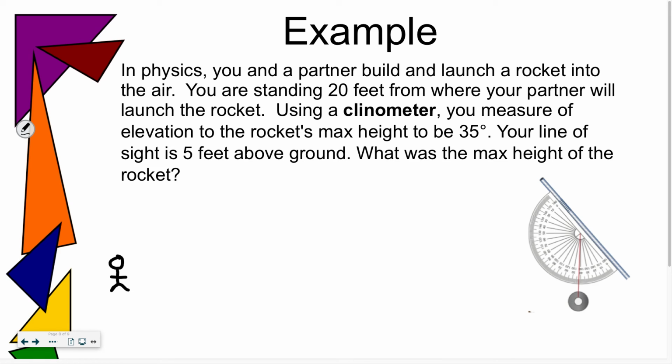I'm spying some people's great artistic work. They put themselves into the picture. This would be their normal line of sight, right? And then I see something like this. I'm estimating my angle of elevation to the rocket's max height to be 35 degrees.